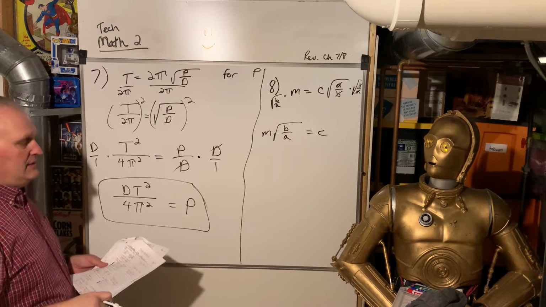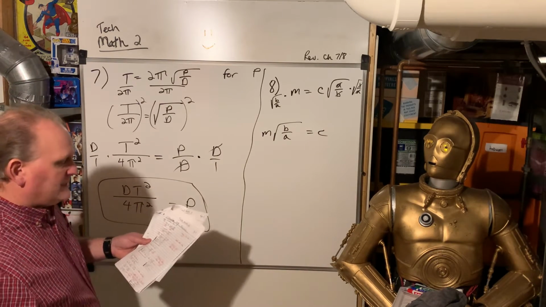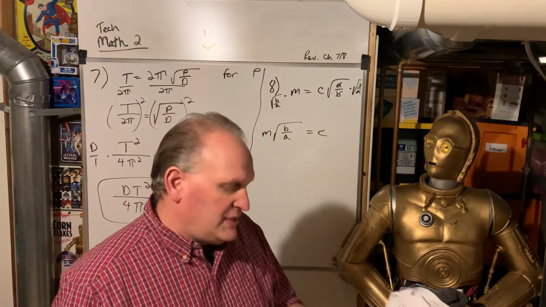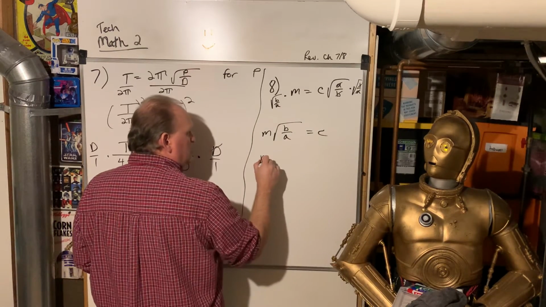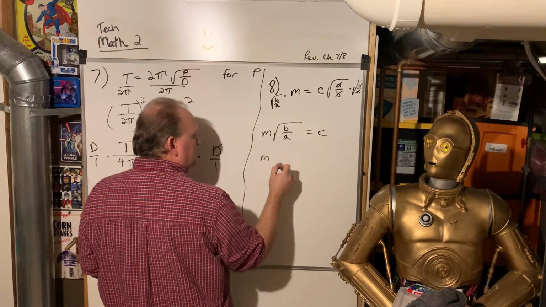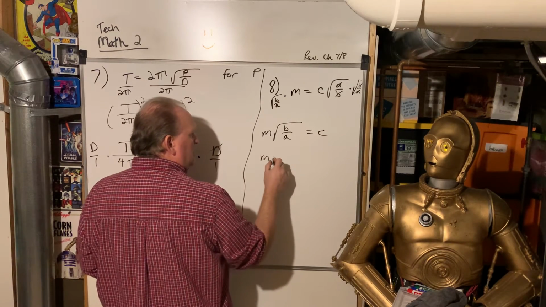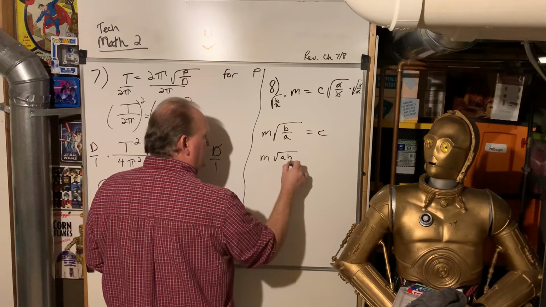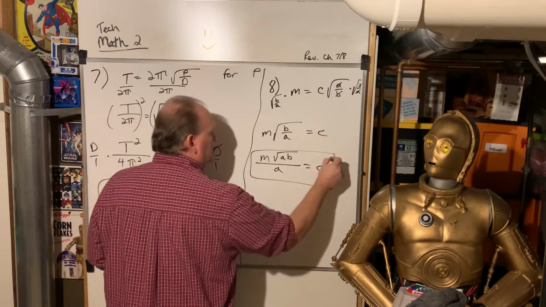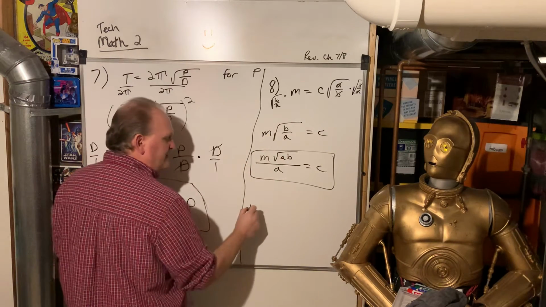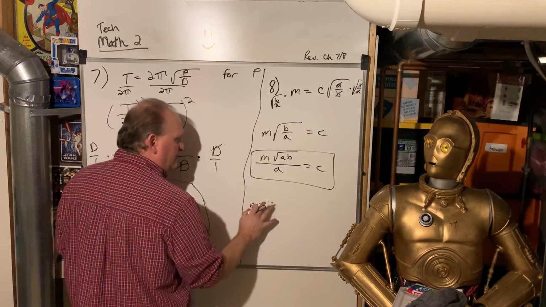All right. Some of you may have had an algebra teacher that made you rationalize the denominator. So you could have this also, where you have the square root of ab over a. And what you did there is you multiplied top and bottom. Here's the process of that.